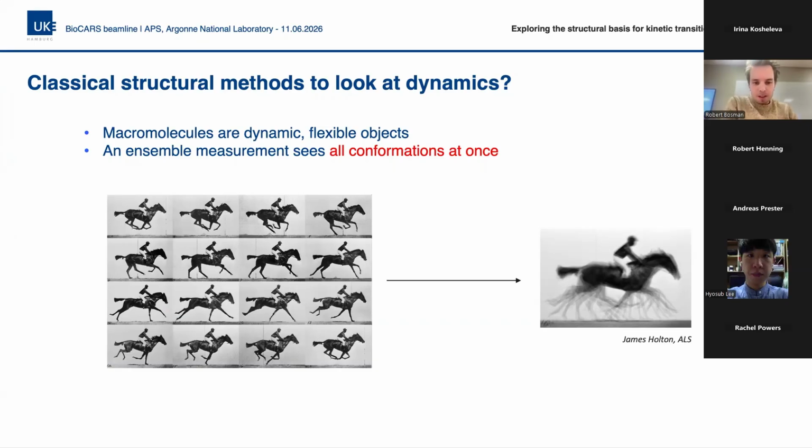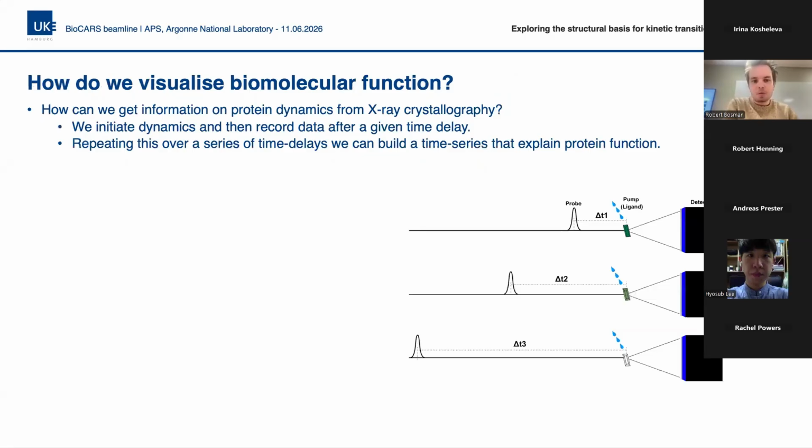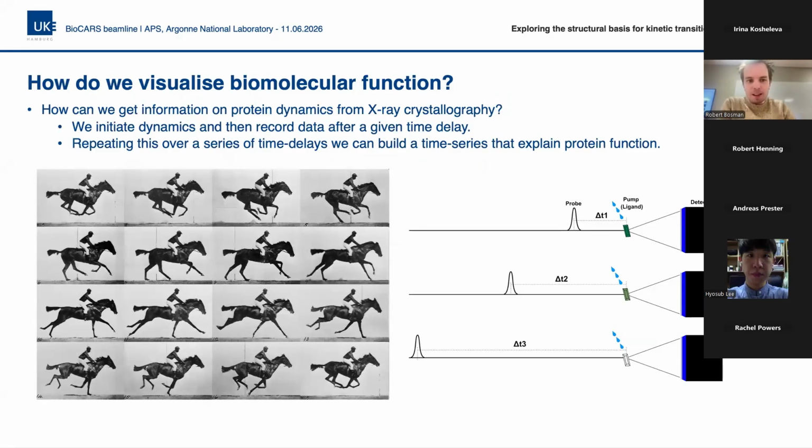And so in order to turn the crystallographic experiment into a time resolved crystal experiment, we therefore go about triggering the crystal in some way, probing the crystal with some form of perturbation, be that temperature or most often light.